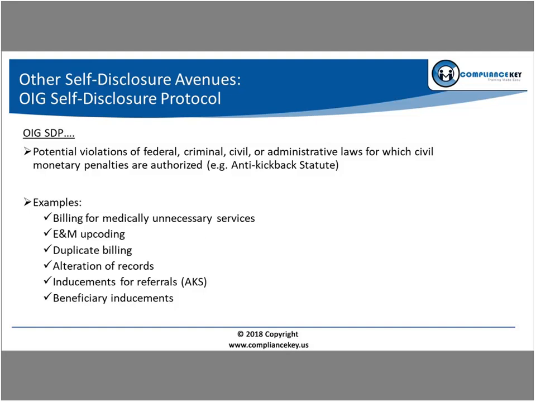Billing for medically unnecessary services, E&M upcoding, duplicate billing, altering records, any situation factually where you have potential inducement for referrals of federal healthcare program patients in violation of the Anti-kickback statute, as well as beneficiary inducements that would be in violation of the civil monetary penalties law.